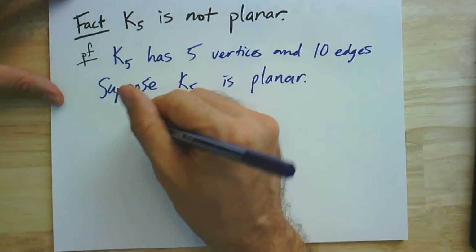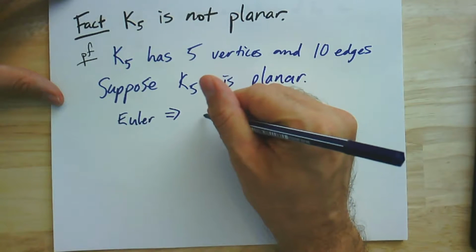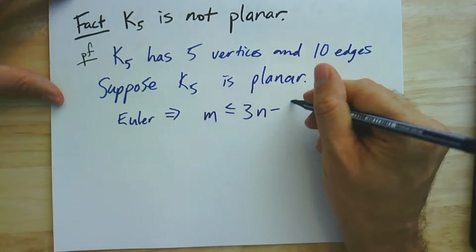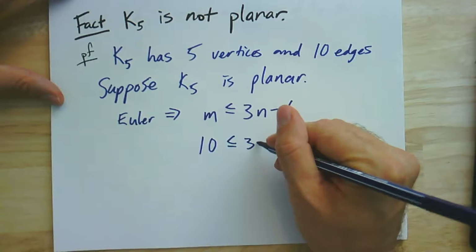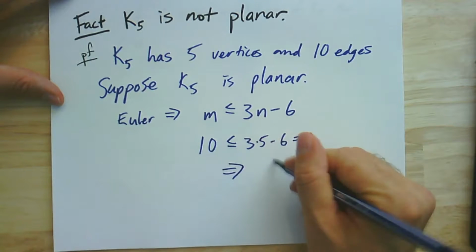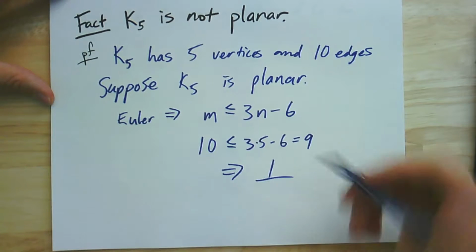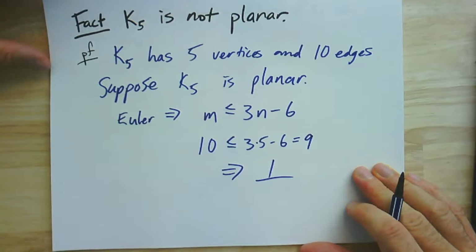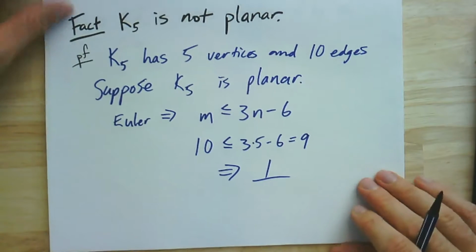From Euler's formula, the number of edges is less than or equal to 3 times the number of vertices minus 6. If we plug this in, is 10 less than or equal to 3 times 5 minus 6, which is equal to 9? No, it's not. So there's our contradiction. That's the whole proof. It defies the basic upper bound on the number of edges in any planar graph that we derived from Euler's formula. So that is a real quick proof that K5 is not planar.